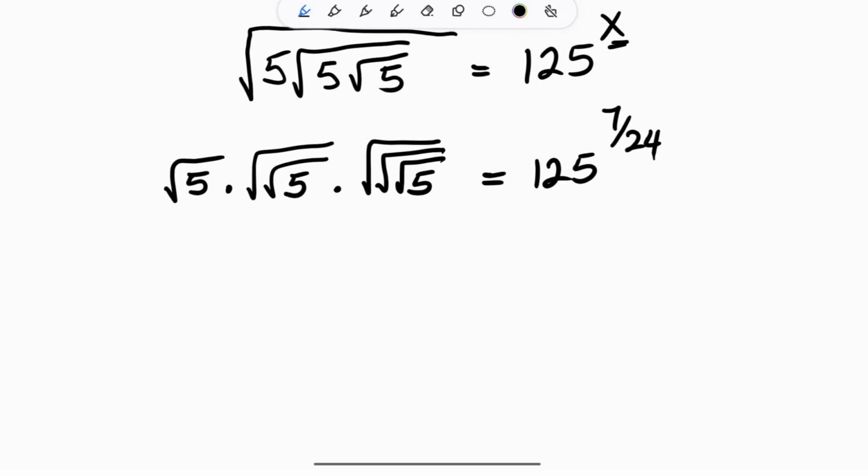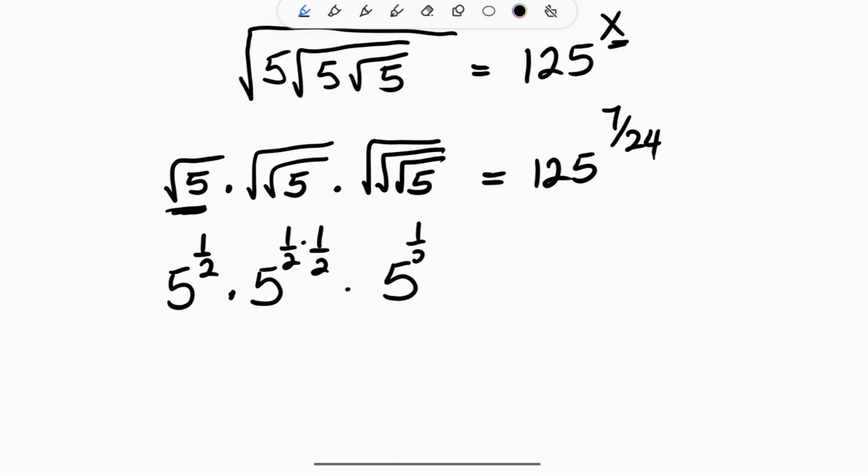Root of 5 is the same thing as 5 raised to the power 1/2. Double root of 5 is the same thing as 5 raised to the power 1/2 times 1/2. And the triple root is the same thing as 5 raised to the power 1/2 times 1/2 times 1/2, equals 125 raised to the power 7/24.